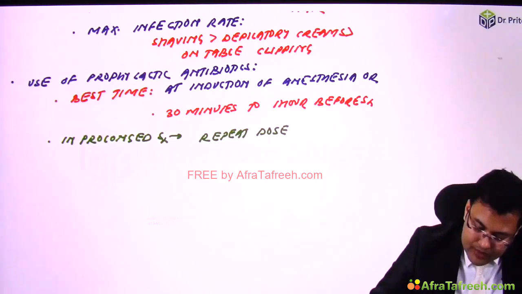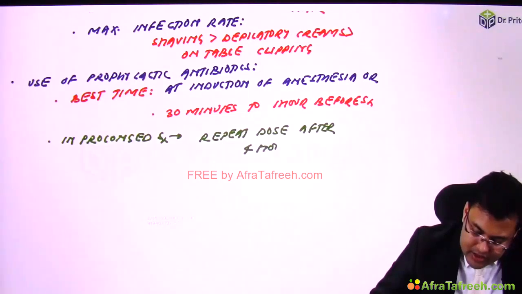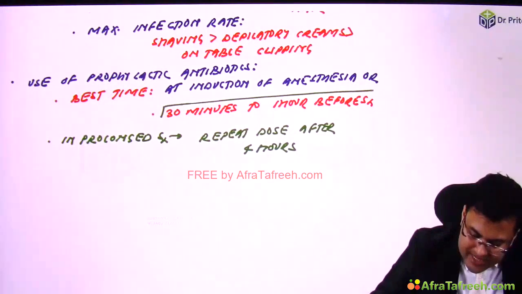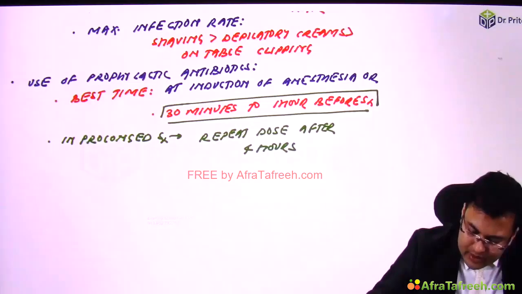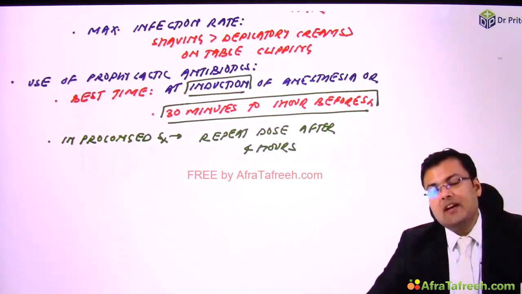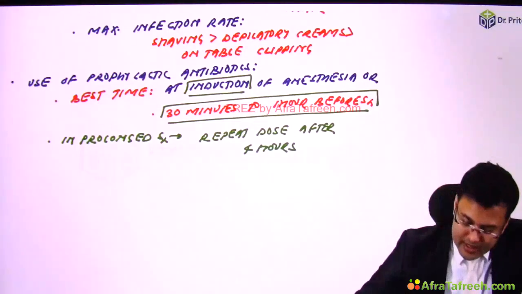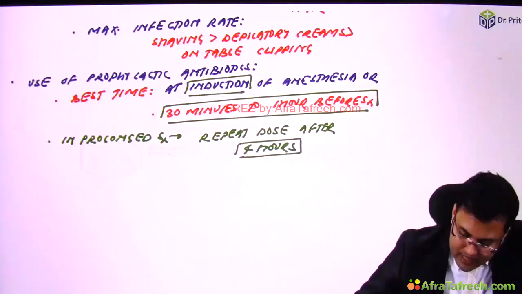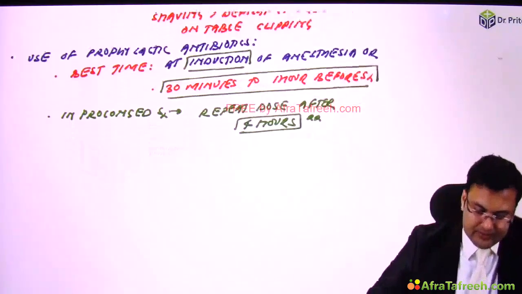So two questions are frequently asked. First, the best time to give the prophylactic antibiotic is at induction of anesthesia or 30 minutes to 1 hour before surgery, and the repeat dose is after 4 hours.